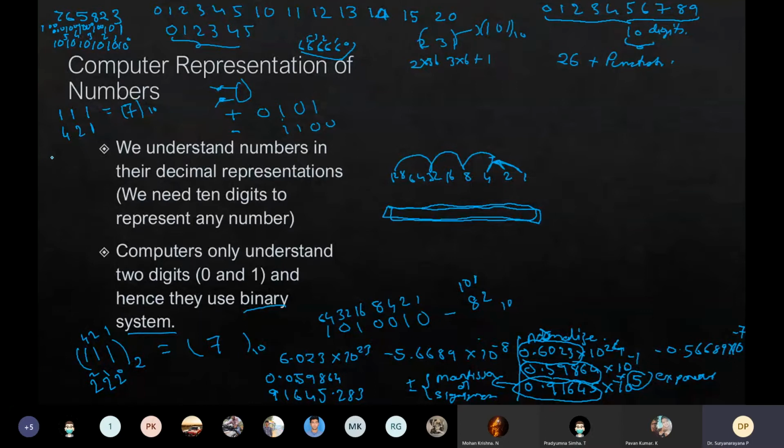In binary system, this is what numbers will look like: this is 1, this is 2, 3, 4, 5, 6, 7, 8, 9, and this is 10.